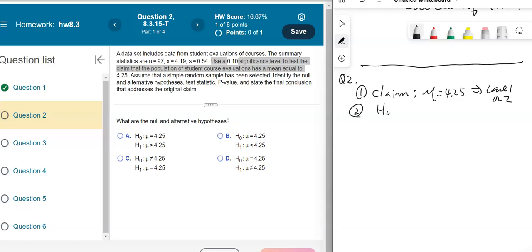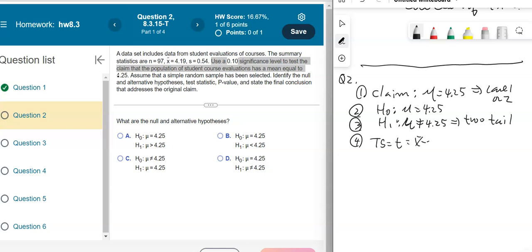Number 2, null hypothesis is mu equals 4.25. Alternative hypothesis is mu not equal to 4.25. So this is two-tailed. Now, test statistic, which is t, x bar minus mu divided by s divided by square root of n.